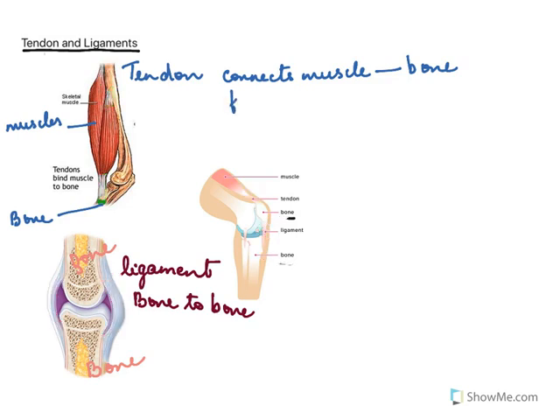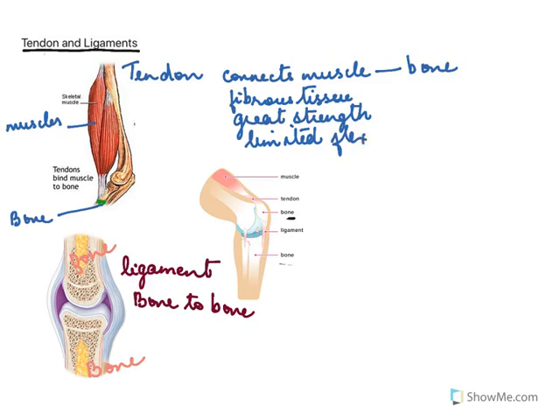Now tendon is a fibrous tissue. It's made up of fiber. It has great strength. It has flexibility, but limited flexibility, not as much as the ligament.